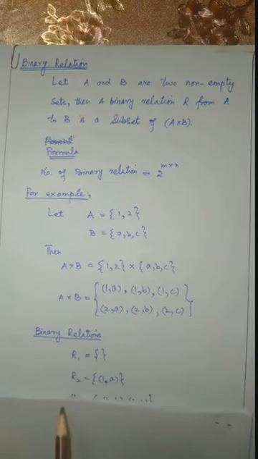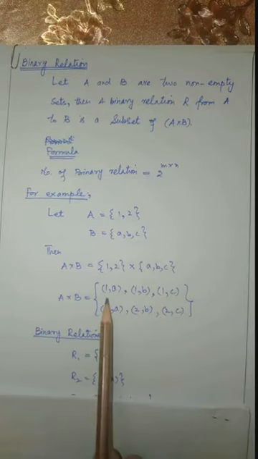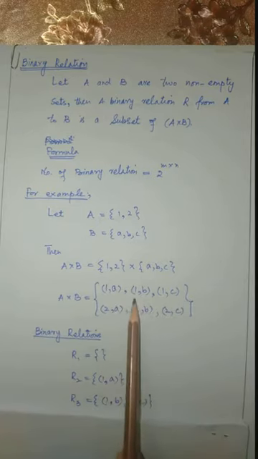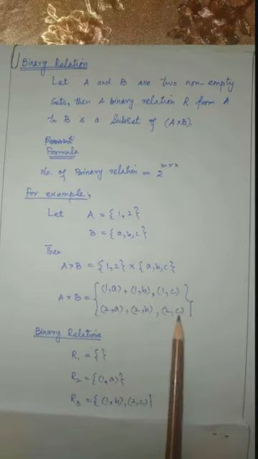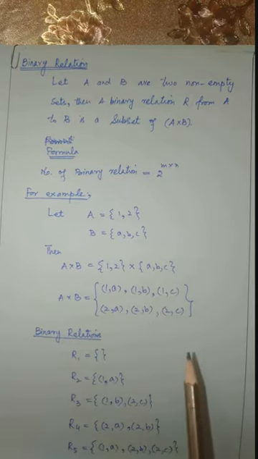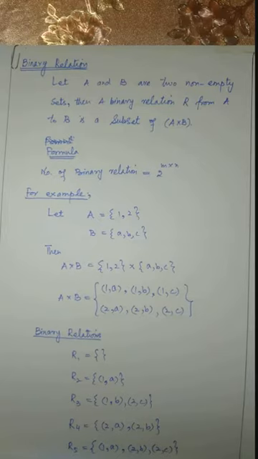Empty set, then R1, R2, this ordered pair written in brackets, then R3 written with two pairs like this and this, then R4 again two pairs, these two pairs, then R5 written with three pairs. So writing a subset of A cross B is called a binary relation.